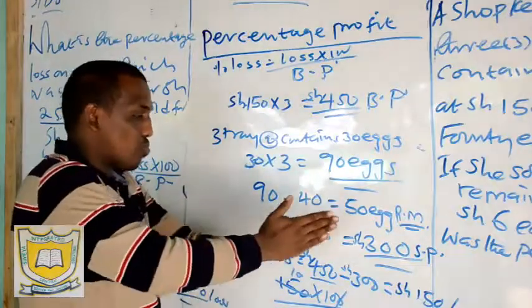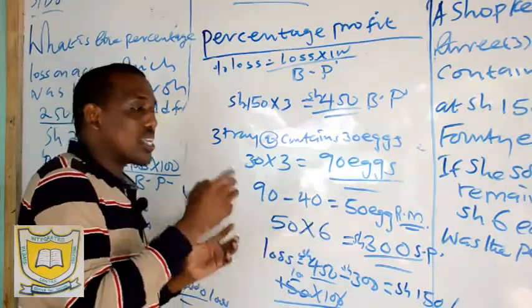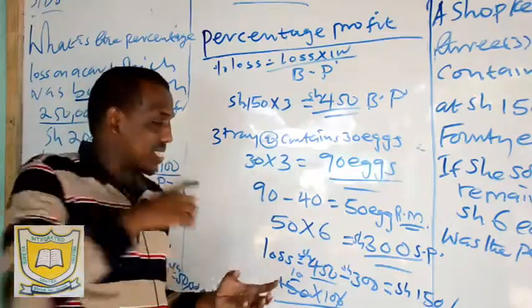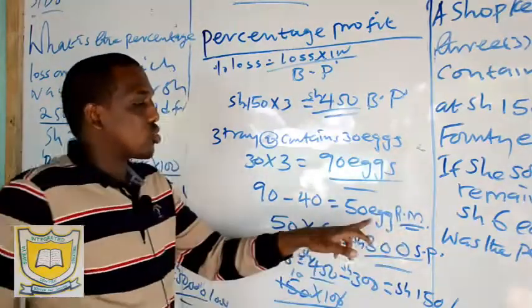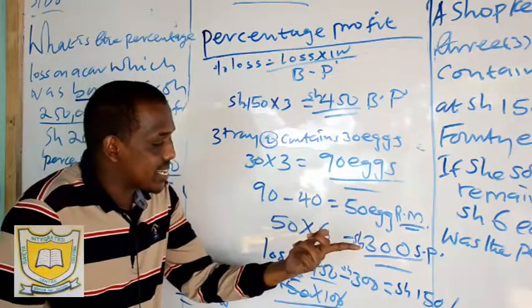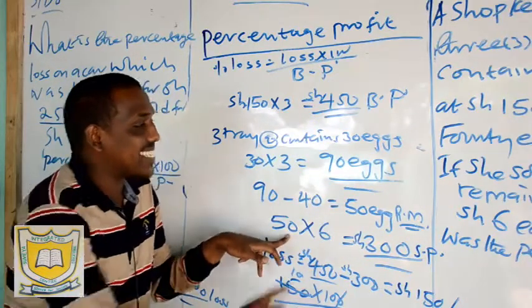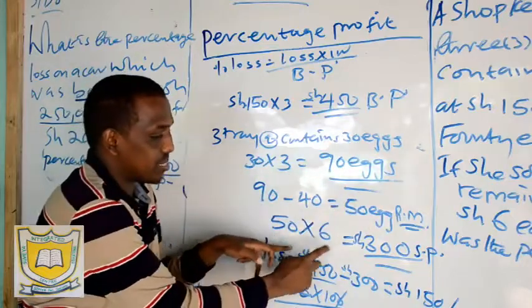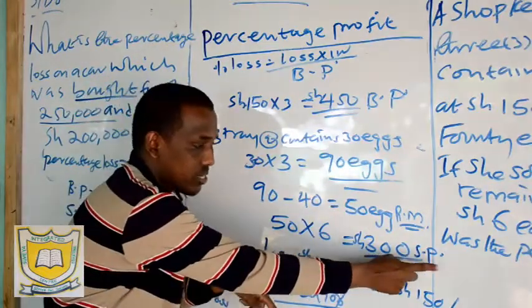On his way home, 40 eggs broke. To get the remaining eggs you subtract the broken ones. 90 minus 40 is 50. So he sold the remaining 50 eggs at shillings 6 each. 50 times 6 is 300, the selling price.